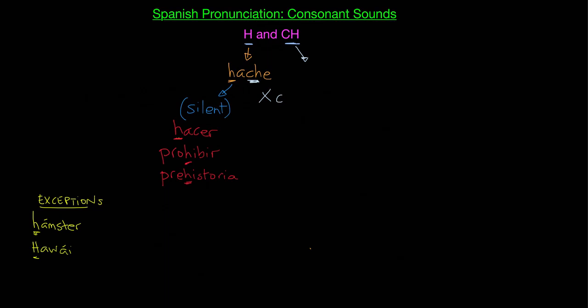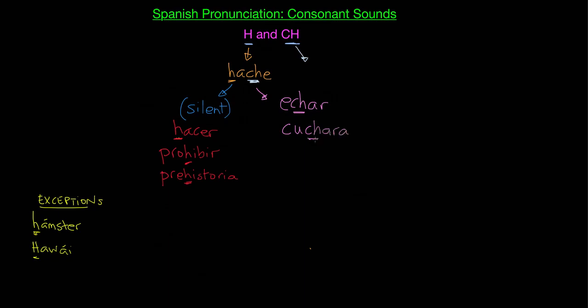Examples of this sound you'll find very, very often. There are tons of words with this in it. For example, you'll find it in the word echar. Echar, to throw away or to throw out. Echar. Cuchara.